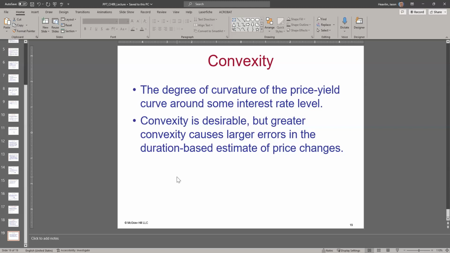So in some areas, changes in interest rates are going to have a higher impact on a certain piece of that curve versus others. And it all depends what convexity you are in when you're comparing certain assets and liabilities. So convexity is desirable, but understand that greater convexity causes larger errors in the duration-based estimate of price changes.